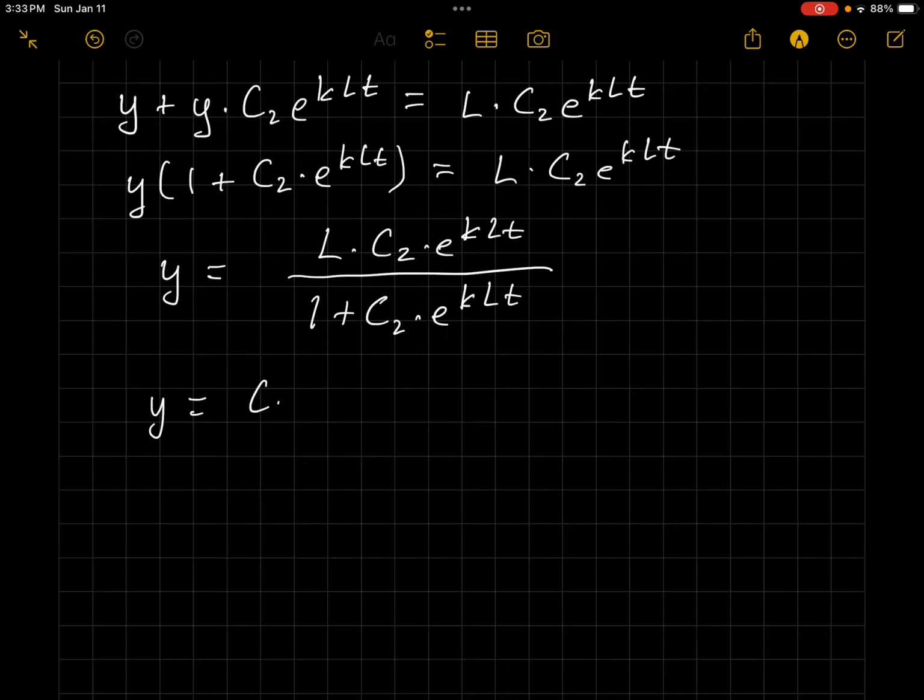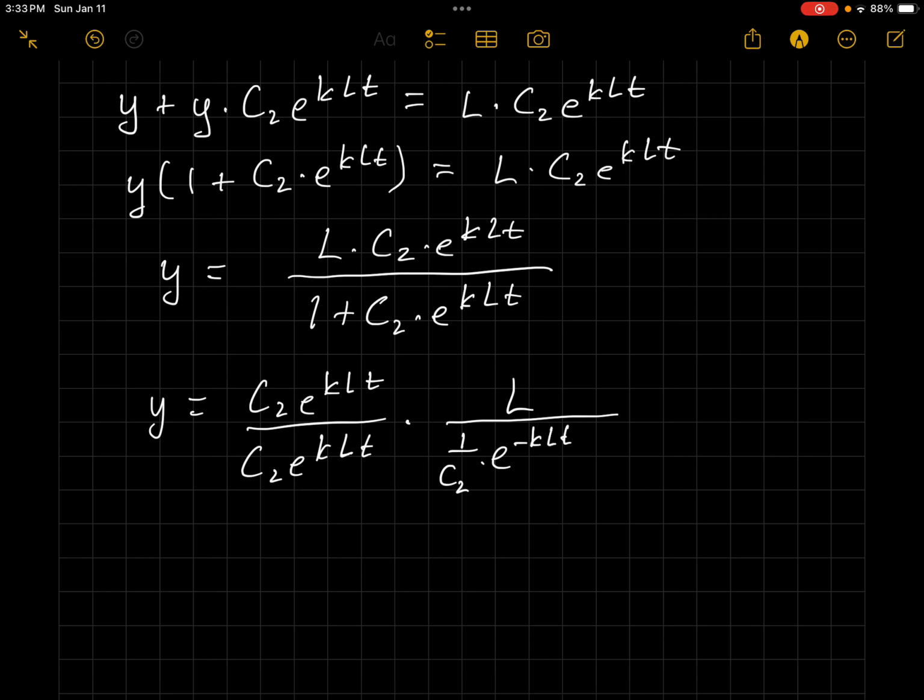Instead, let's factor c2 times e to the kLt out of the numerator and the denominator, which would leave us L on top, and then 1 over c2 times e to the negative kLt plus 1. Another pause here is recommended, just to go through the algebra, that is.